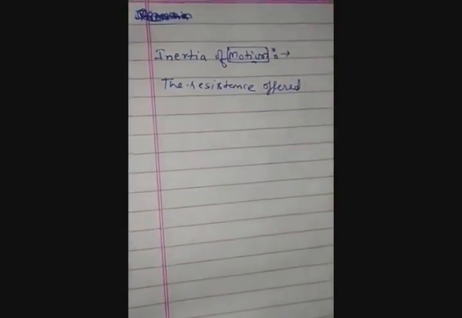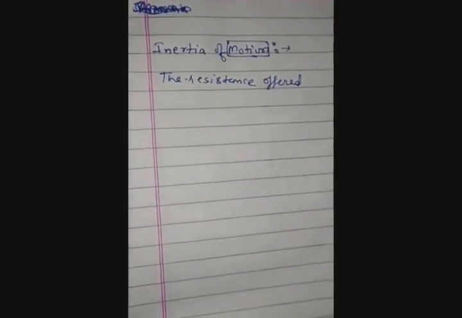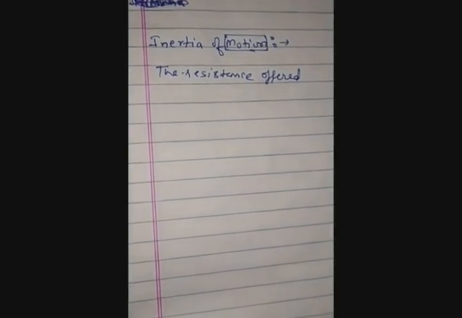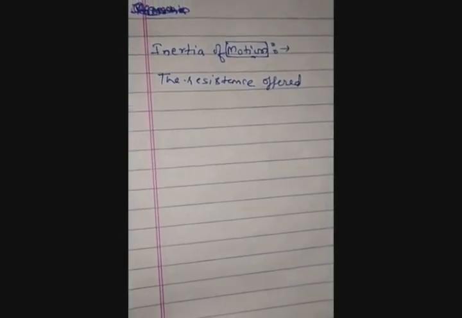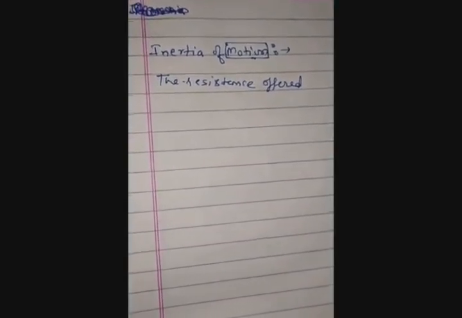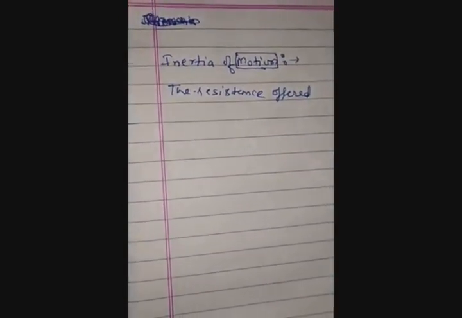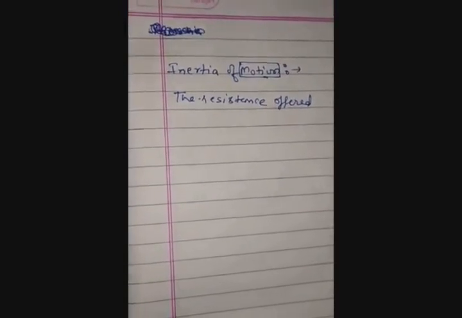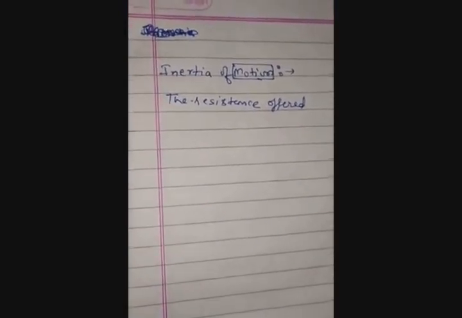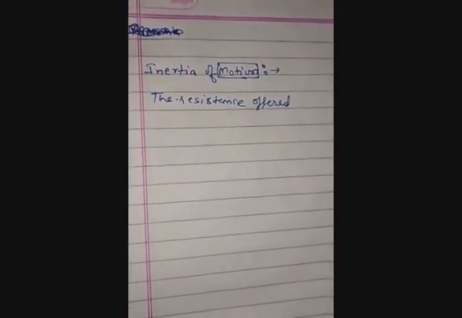offered. I told you that inertia is a kind of resistance, opposition, a tendency which comes automatically when a body is in motion. Simply, if we want to stop ourselves, we will not be able to, because we can stop our foot, but our body will remain in a motion state, right?